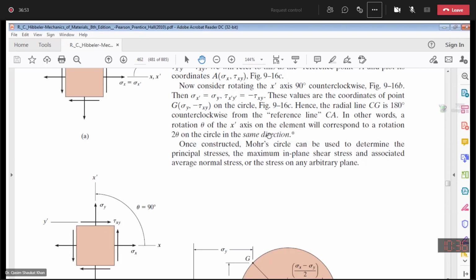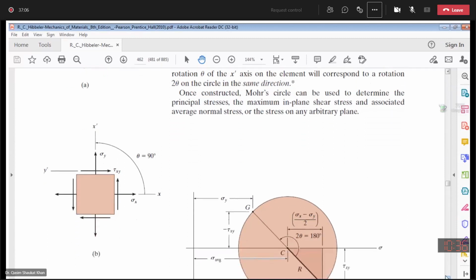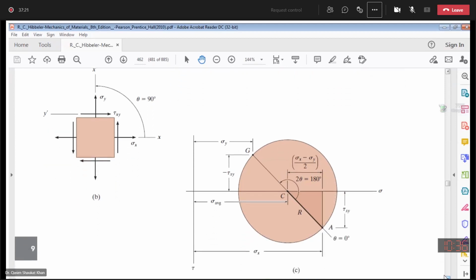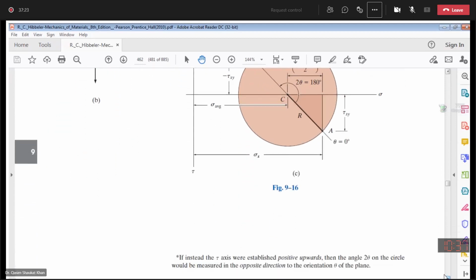Now once the Mohr circle is constructed, it can be used to determine the principal stresses, in-plane shear stresses, normal stresses, and any transformed normal stress as well, because all these points on the Mohr circle represent a set of normal and shear stress.